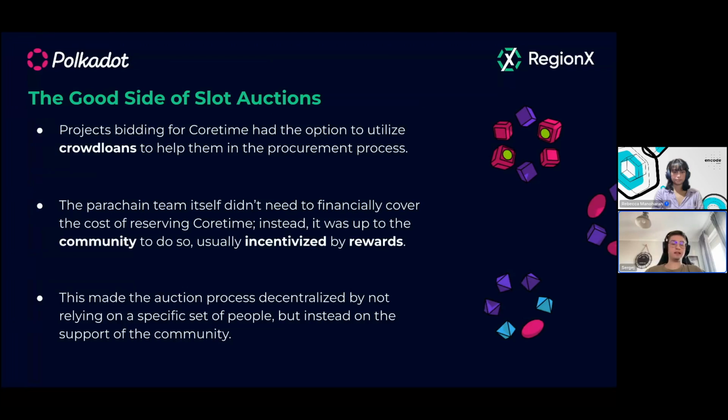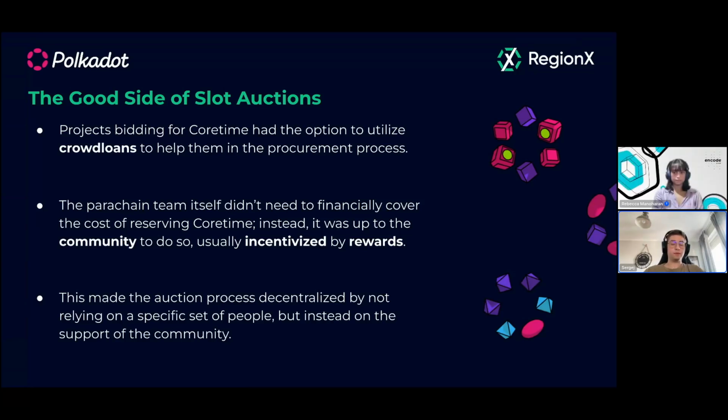This means that any parachain that was bidding for a slot had the opportunity to involve their community in this process, in case the project has a strong community, to utilize that for the auction process, essentially to more easily be able to win the slot.